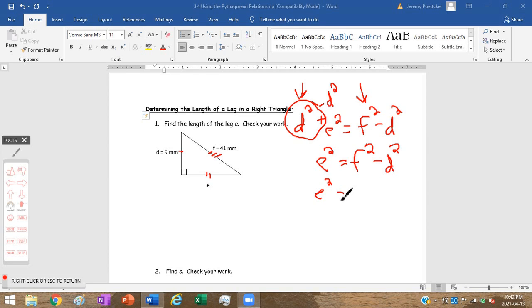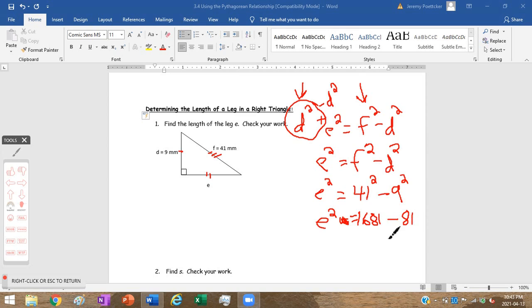All right, let's figure it out. e squared now is equal to, f is 41, so 41 squared minus 9 squared. e squared is equal to, that's supposed to be an equal sign, let's actually make it one. 41 squared is not one that I know off the top of my head. You maybe do, but 41 times 41 is 1,681.